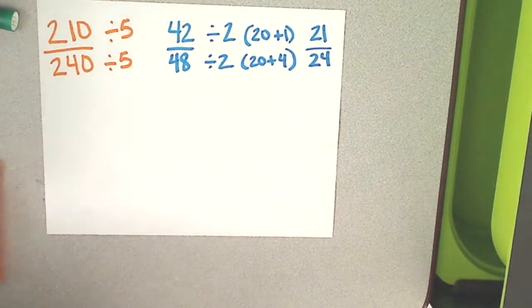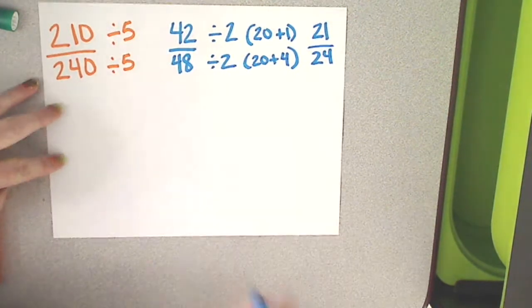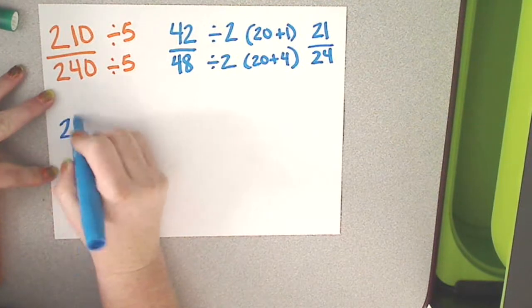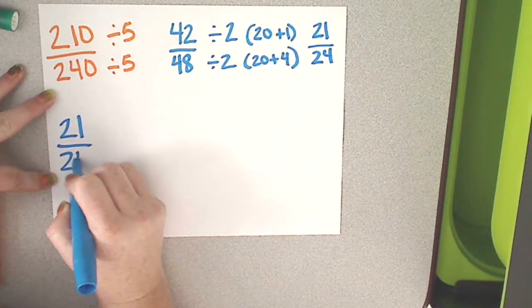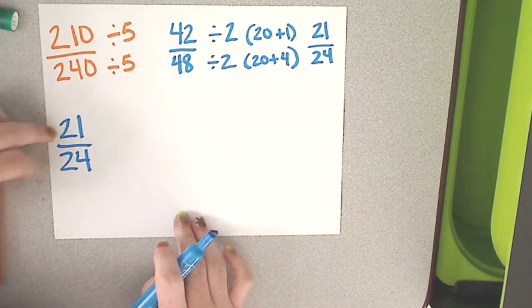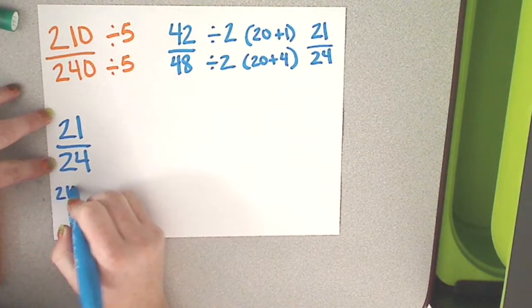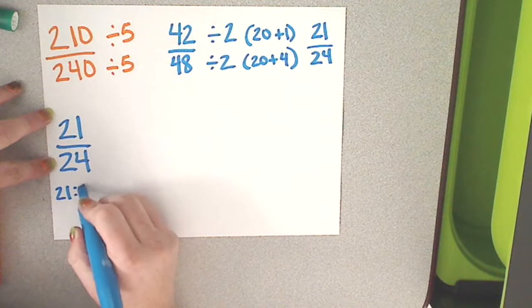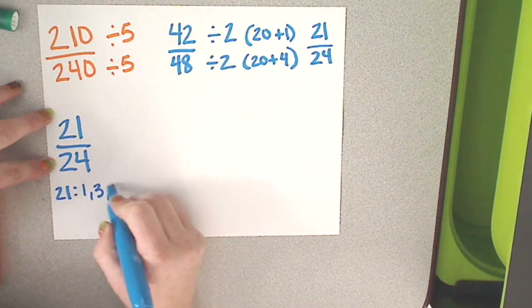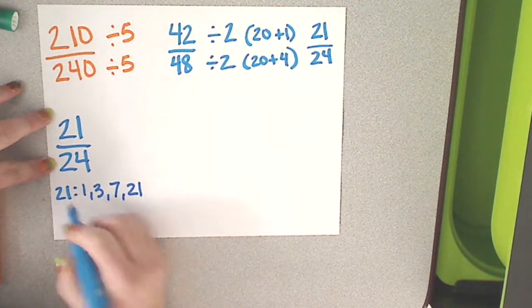Now we're down to 21/24. I can still divide this down further and make it even more simple. So let's do that. I'm going to bring my continued fraction down here. And if I'm looking at this, I know that 21 has the factors of 1, 3, 7, and 21.